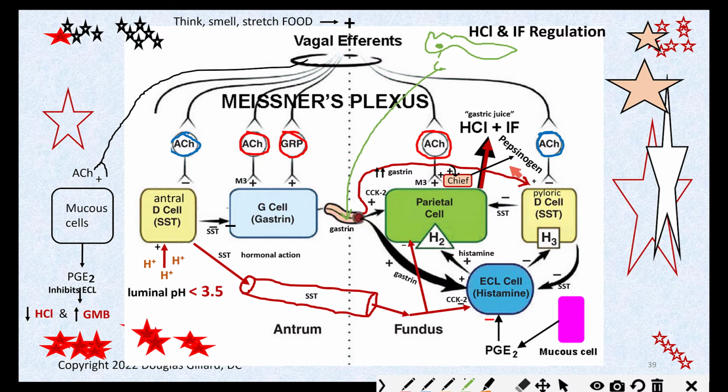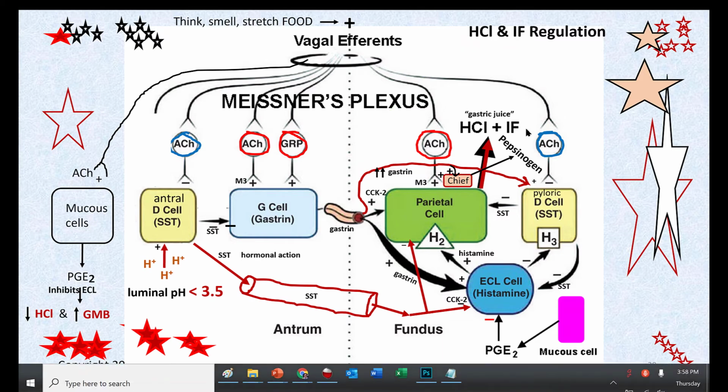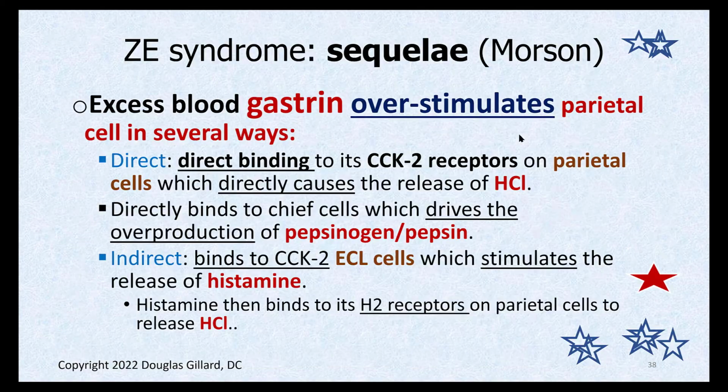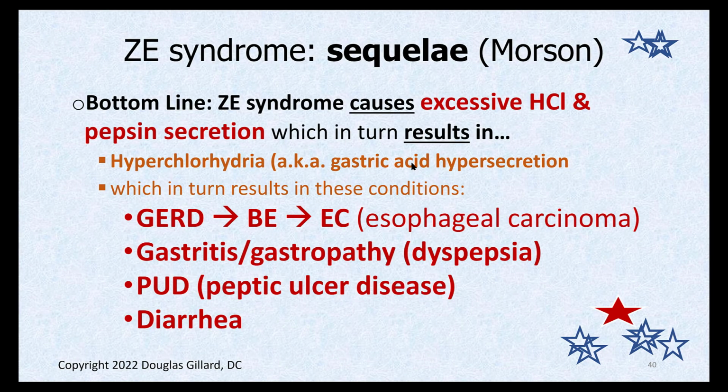So I often ask a question like that on the test. But yeah, that's the story with that. Okay, in fact, there it is, directly binding and indirectly binding. Everything I just said.